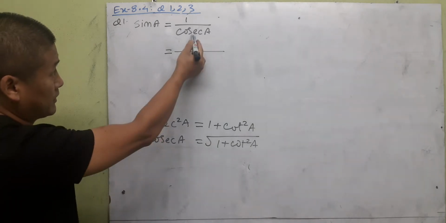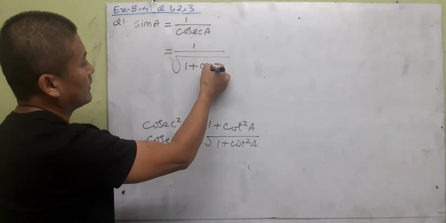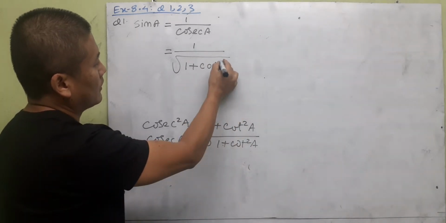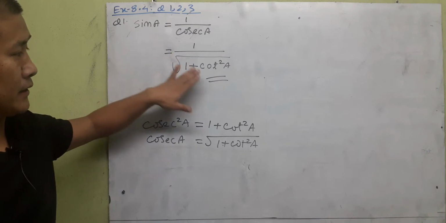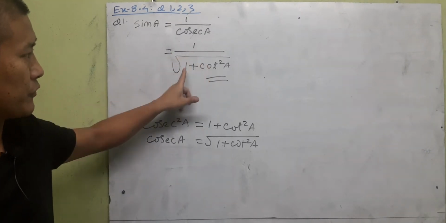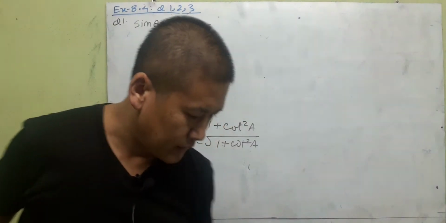This one is now same as this, so we can now use this formula. Then we are getting in terms of cot, you see cot square A. So that's your first answer. We have expressed sine A in terms of cot A in the form of 1 by root over 1 plus cot square A.